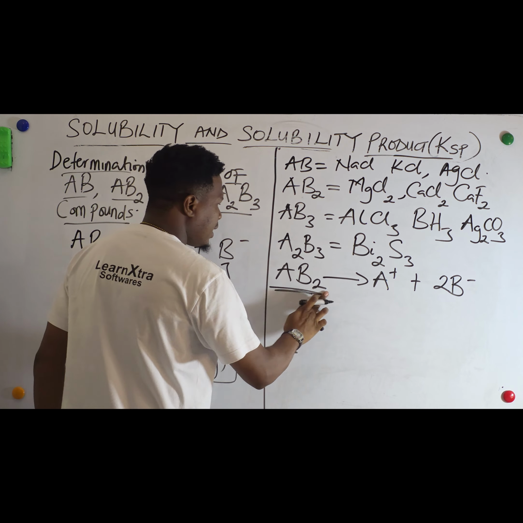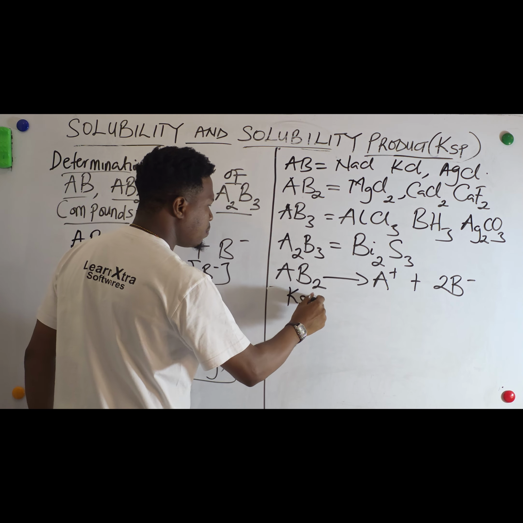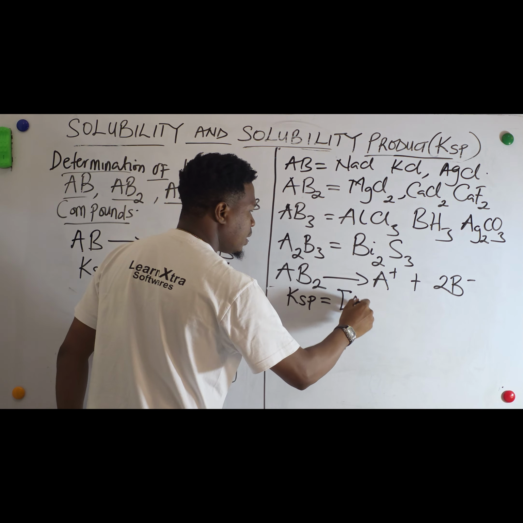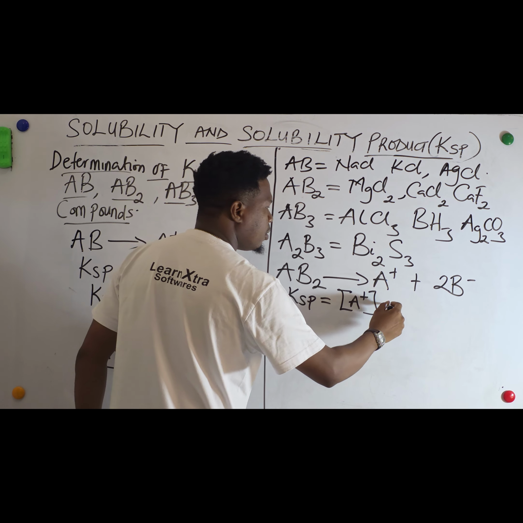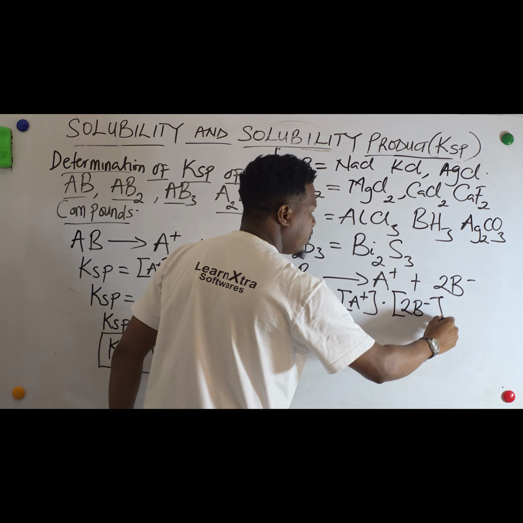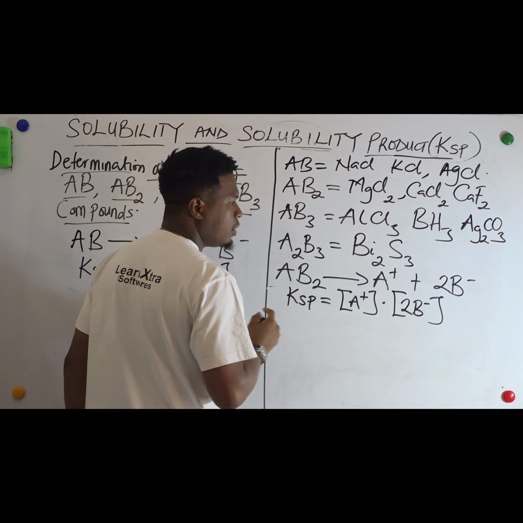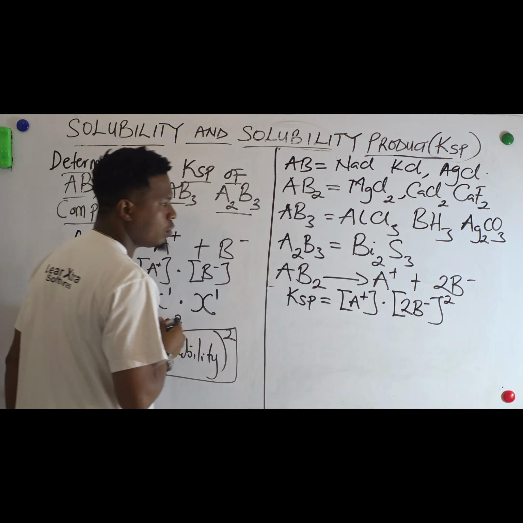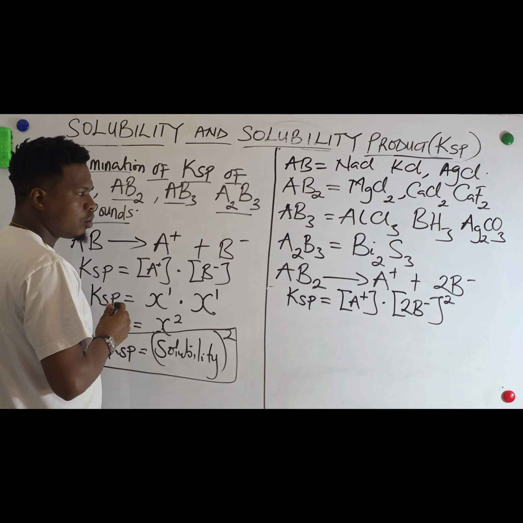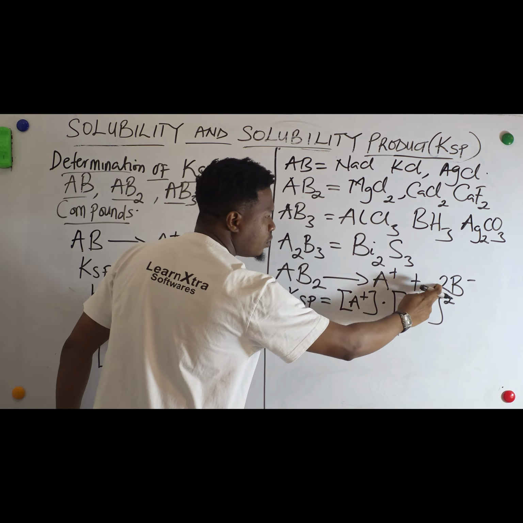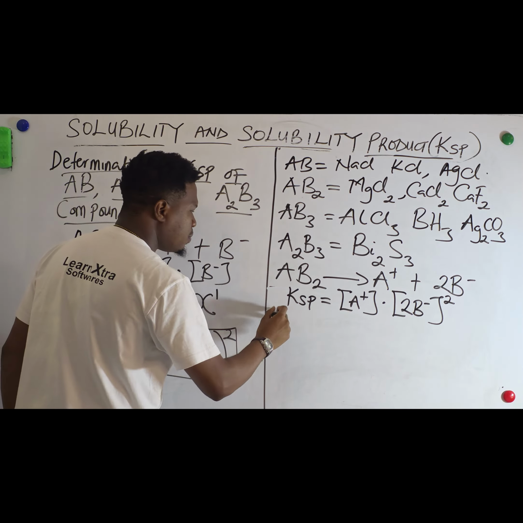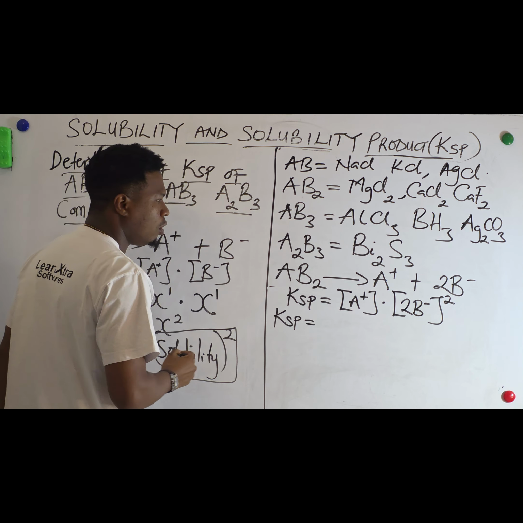If you ionize to that, we have that KSP is equal to A plus multiplied by 2B minus, raised to the power of 2. Are you following? Why is it raised to the power of 2? Because of this 2 here, and we have the 2 inside here too.